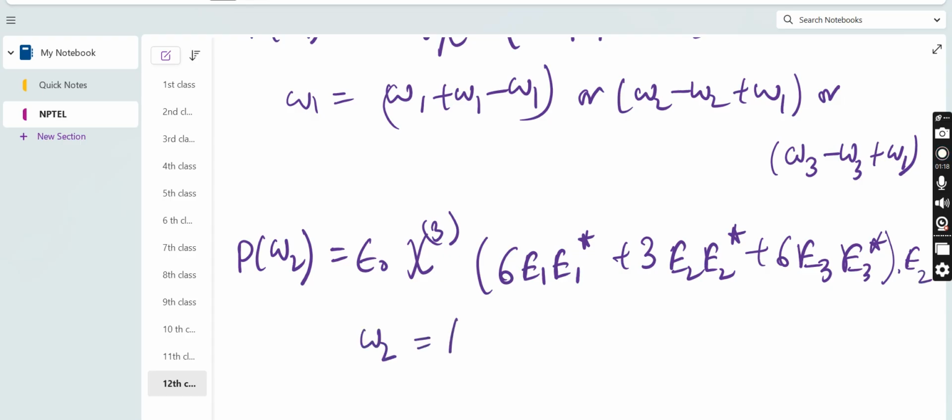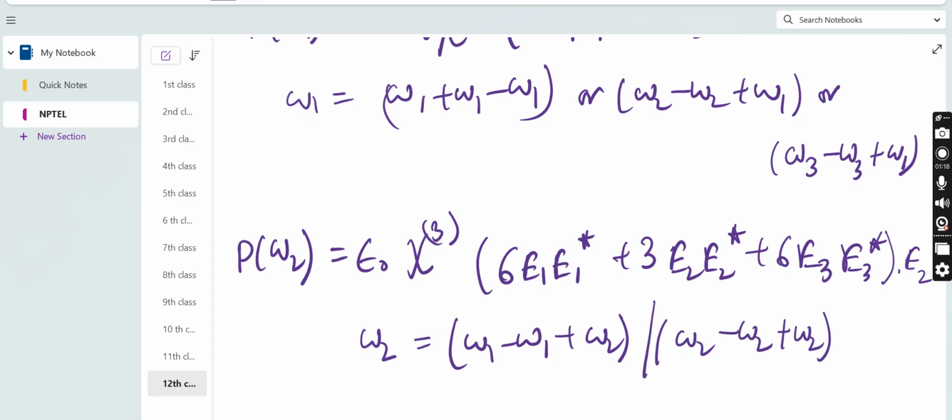So basically omega 2 should be omega 1 minus omega 1 plus omega 2, or omega 2 minus omega 2 plus omega 2, or omega 3 minus omega 3 plus omega 2.